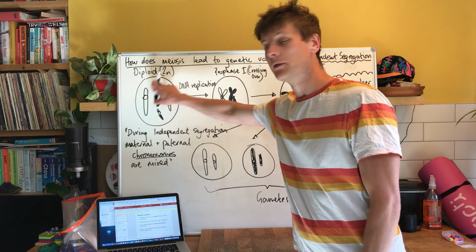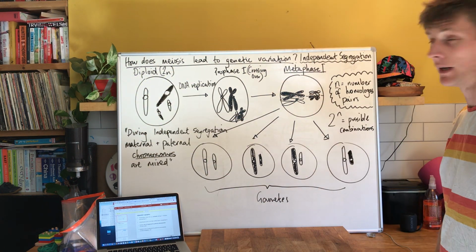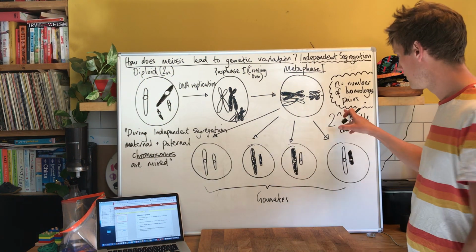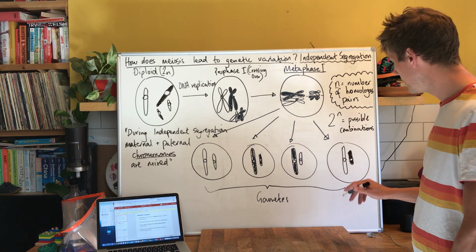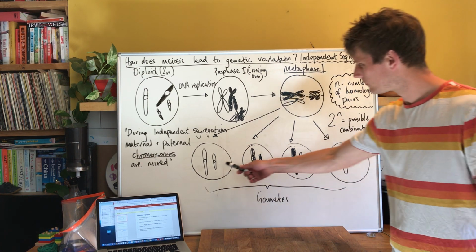In this cell that we've started with, there are 2 homologous pairs. 2 squared, or 2 to the power of 2, is 4.